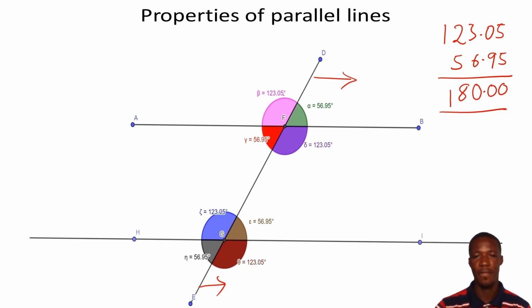It gives us the same values. So we have 123.05 that we have worked on, the same values that we worked on. 123.05 plus 56.95. This is 56.95. This is 123.05.